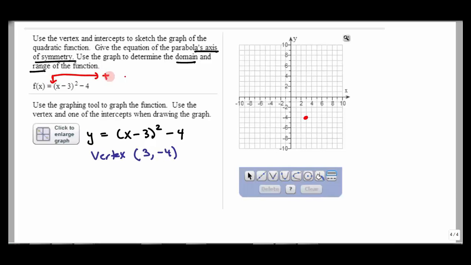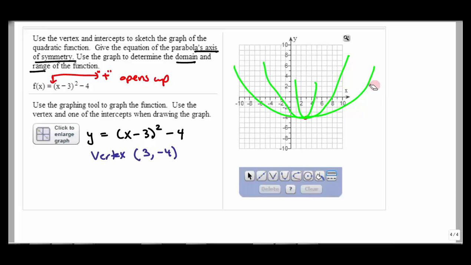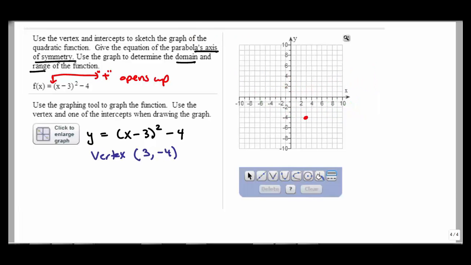It's a positive value outside the parentheses there, so this opens up. Well, the problem is I don't know how wide it is. Is it this wide, or this wide, or really wide? I don't know which one of those is correct, and so that's why I have to go through and find a little bit more information here. I need to figure out how wide this is using the intercepts.